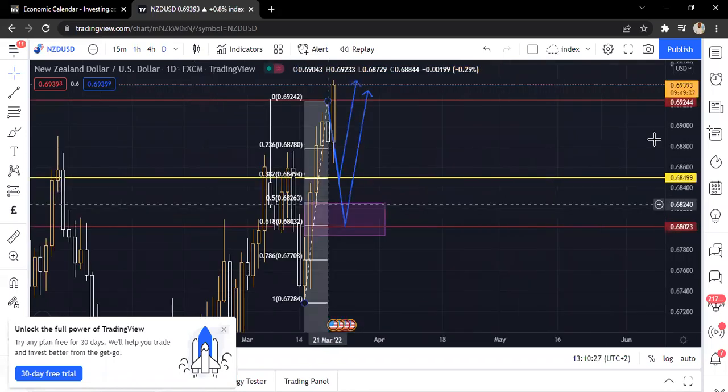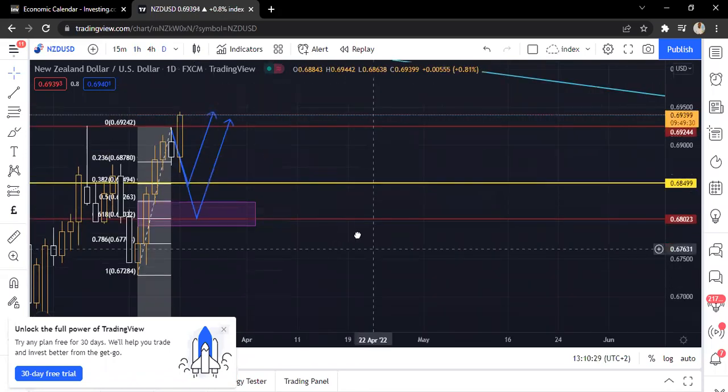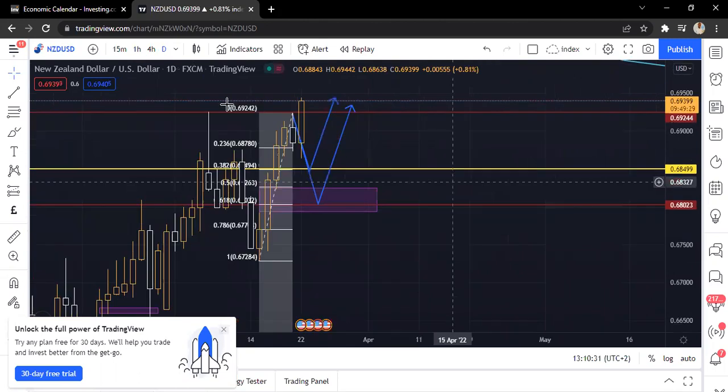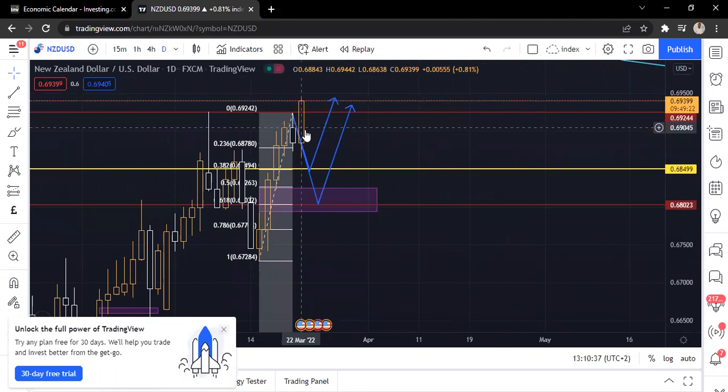This is why I presented this on a daily time frame, so that you can see that we have a little bit of a high this side. I'm not too sure who's calling this side, so I'm not going to take it. So this is a high, this is a high, and then this was the expected retracement.